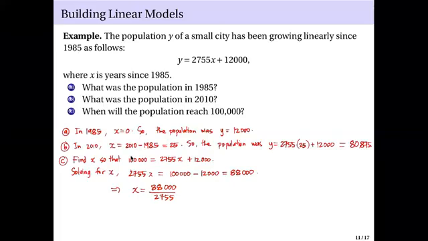So this means, what is x? It's roughly 31.94. And let us approximate this to 32 years.